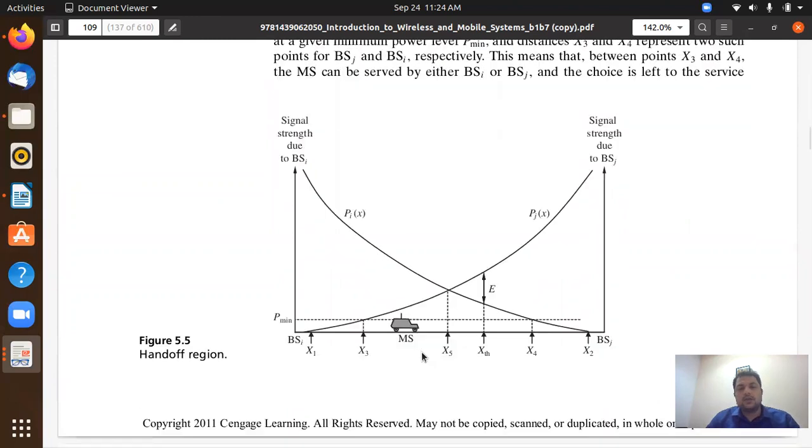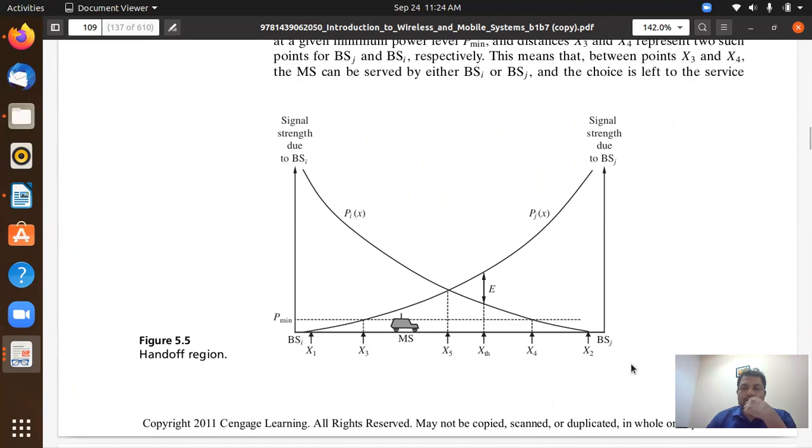So here you can see on this axis the signal strength due to base station I, and on the right side the signal strength due to base station J, and this is the distance in between.